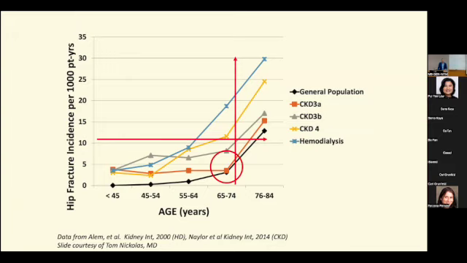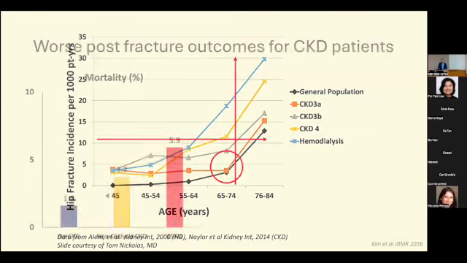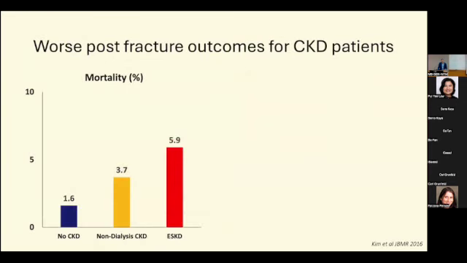And not just are these fracture rates higher, but clinical outcomes after fracture are also worse. Also using administrative healthcare data sets from the US, we know that when you compare mortality rates after hip fracture, mortality rates go up in relationship to your degree of kidney dysfunction.